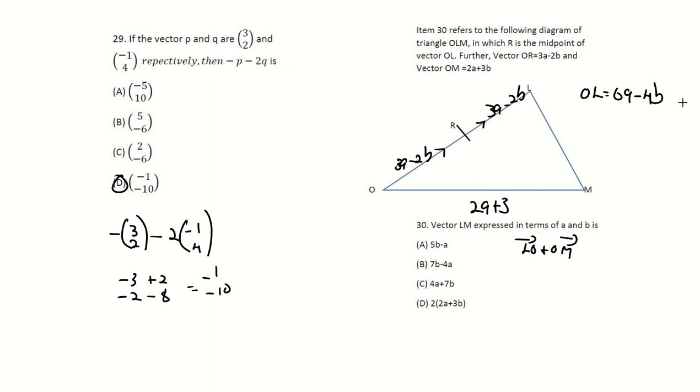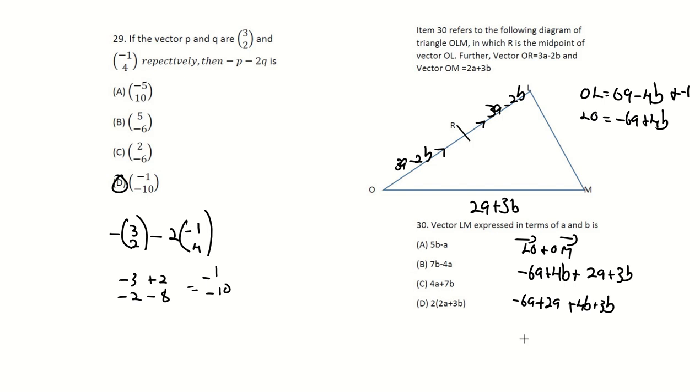So L to O, you multiply this by negative 1. So LO would be negative 6A plus 4B, plus OM, which is 2A plus 3B. Group like terms.